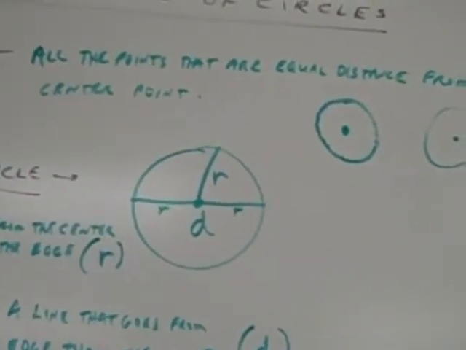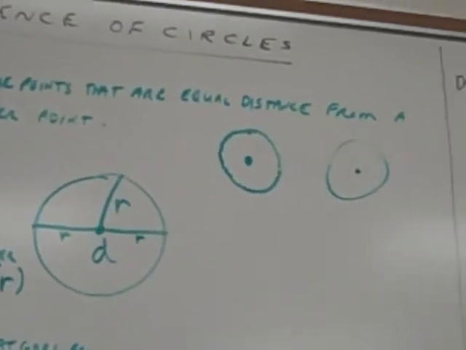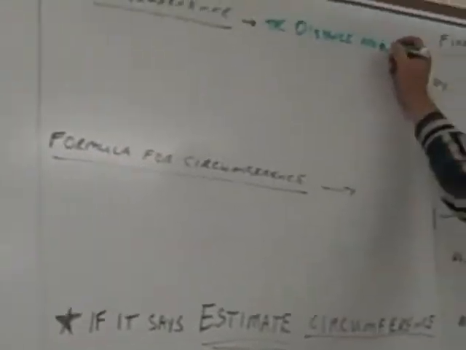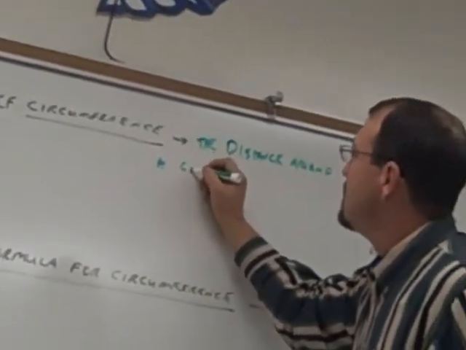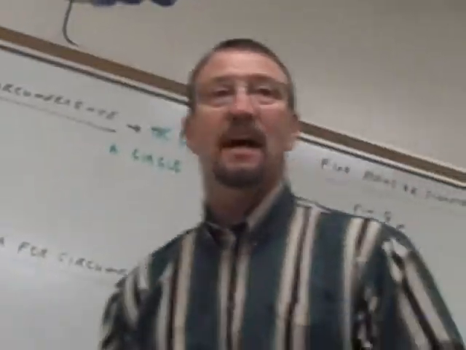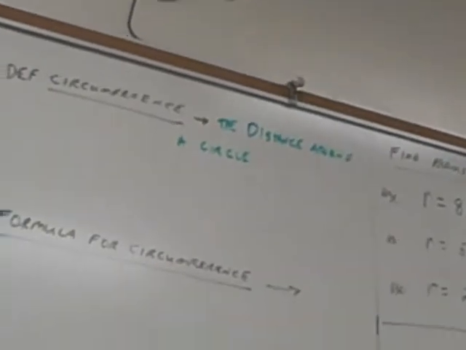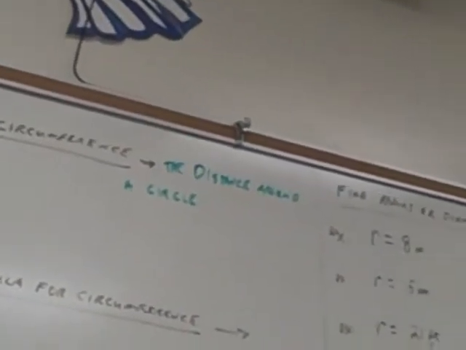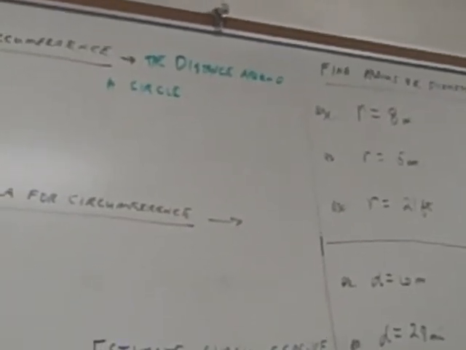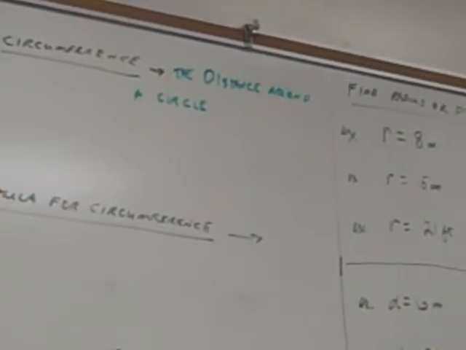The distance around a circle. The distance around a straight-sided figure was our definition of a perimeter. Technically, it's the perimeter for a circle, but we can't use the word perimeter because that's for straight-sided figures.